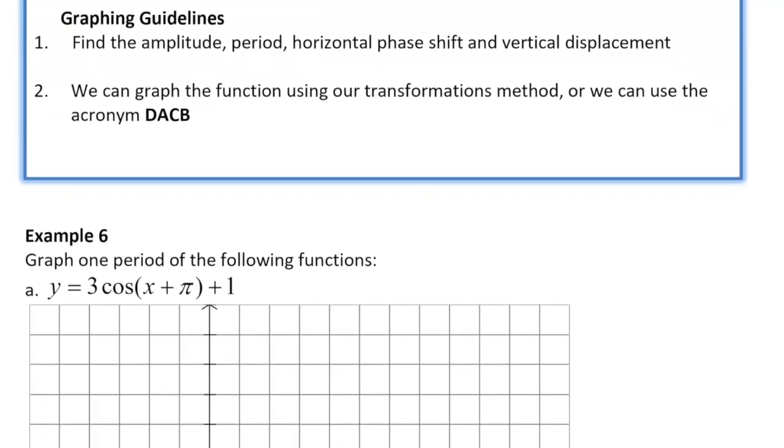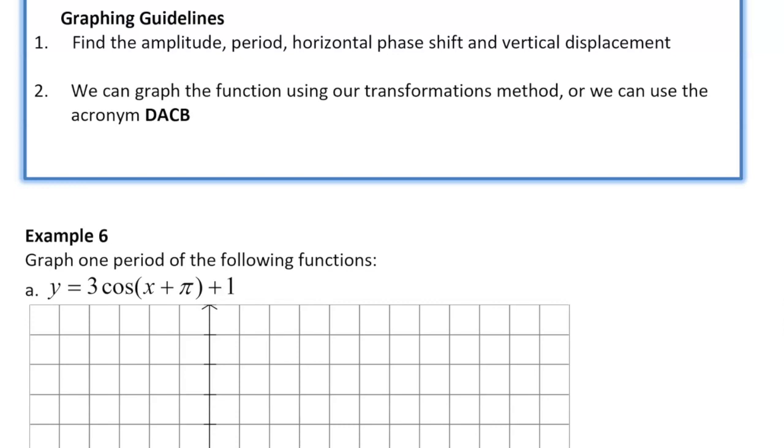And so something you're going to start to hear me refer to is the acronym DOCP. Sounds like a little bit of a strange word, DOCP. And what that means is there's different ways to go about this, and you may do something different with your tutor. But what we talk about here is we want to look at the parameters, the D value, the A value, the C value, and then the B value, and that's going to tell us exactly what's what.